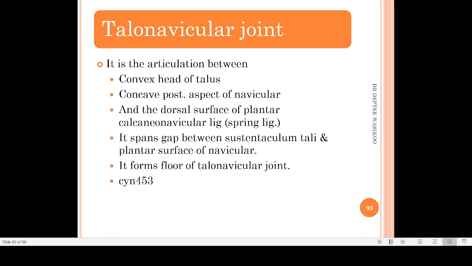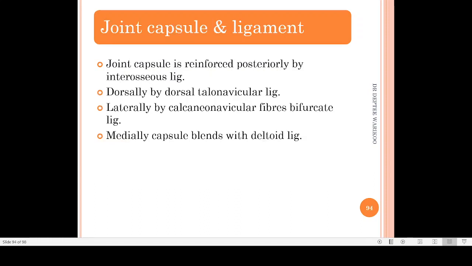Then the talonavicular joint. It is the articulation between the convex head of talus and the concave posterior aspect of the navicular, and the dorsal surface of the plantar calcaneonavicular ligament. It spans the gap between the sustentaculum tali and the plantar surface of the navicular. It forms the floor of the talonavicular joint.